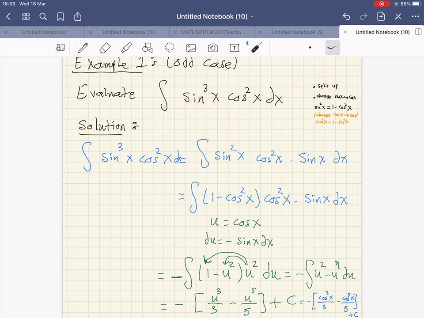The next step, everything here, we should change into the other function. If this is sine, this one would be cosine. The final step, you take this one to be your u. And of course, the derivative is here, so this will be du. Then the integral is an easy one from calculus 1, and then you will get the answer.